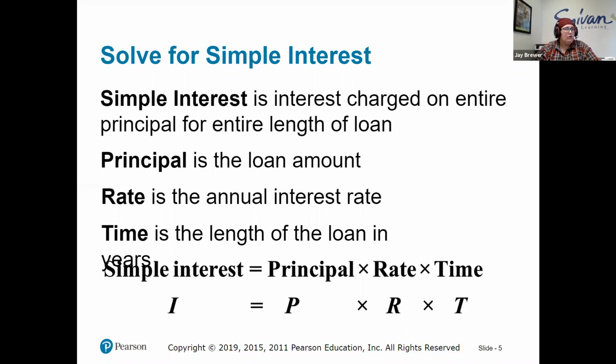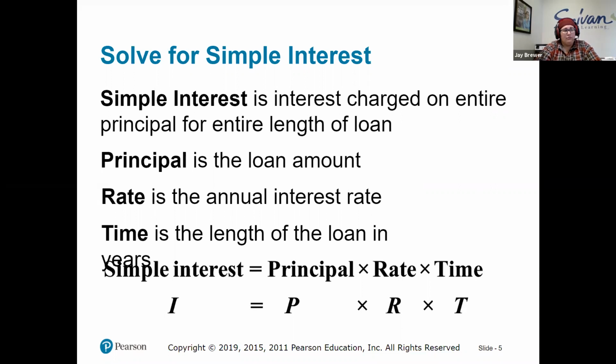So principal is the loan amount, rate is the annual interest rate, and time is the length of the loan in years. The part there about the length of the loan in years, it's basically the length of the loan. Pearson will show you that it can be years, months, and sometimes even days.